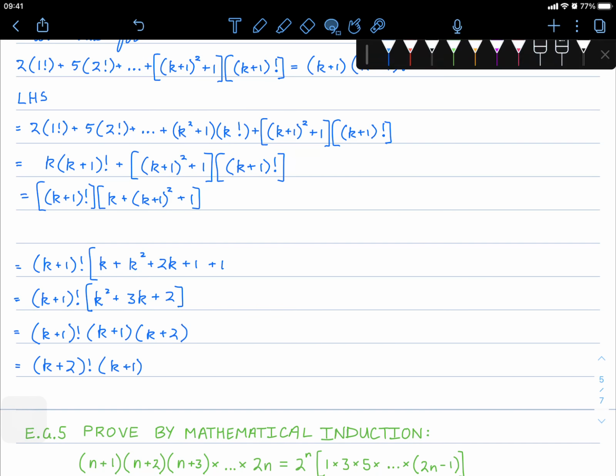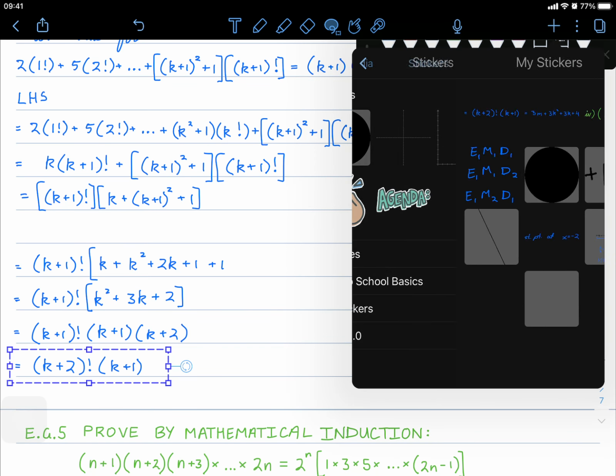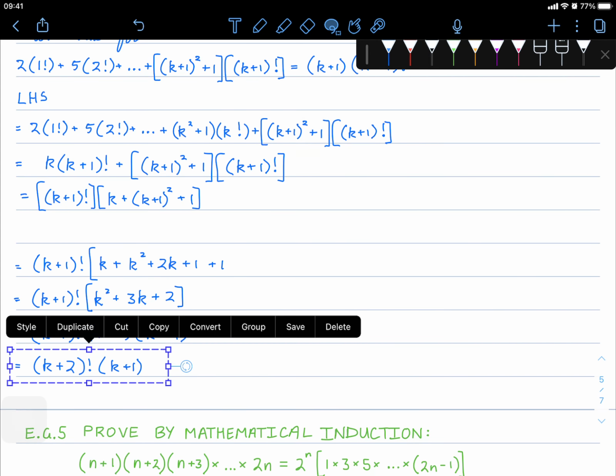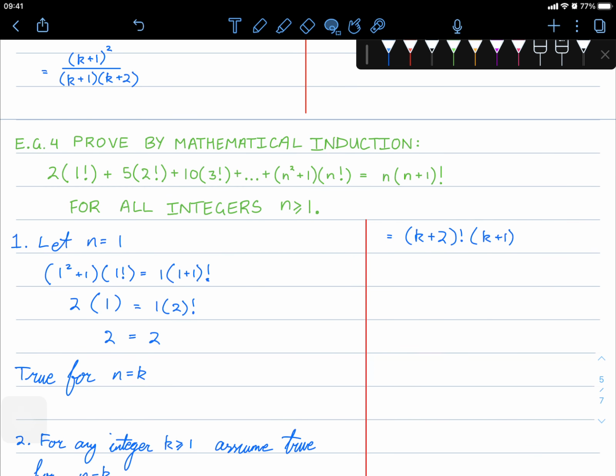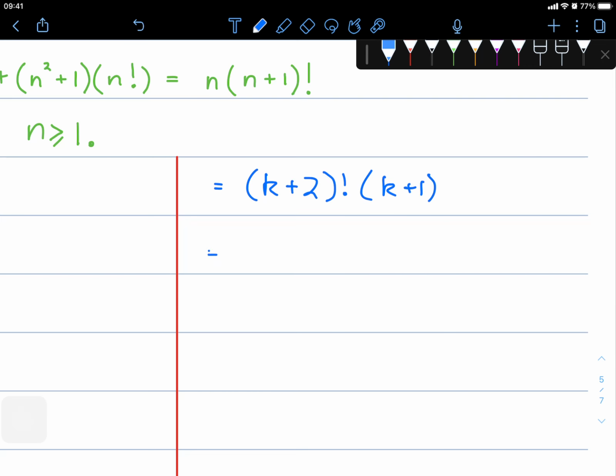Now let's just make this a little bit neater for ourselves. This is equal to k plus 1 times k plus 2 factorial, which is equal to the right hand side.